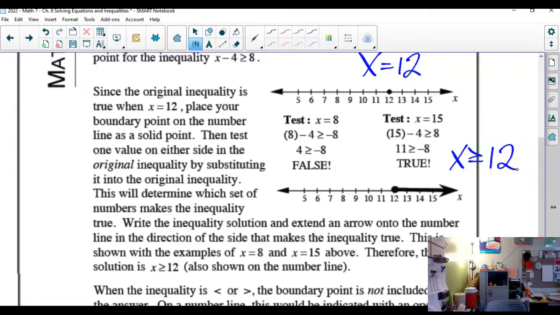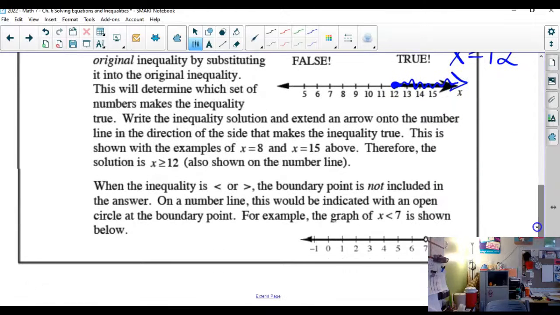We had a 3-day weekend, but I should have eyes up here. X is 12, shade in that point. But then x is greater than, we shade to the right, and we put an arrow on our shading, because it could be, like we said last week, 8 billion. Any number bigger than 12.